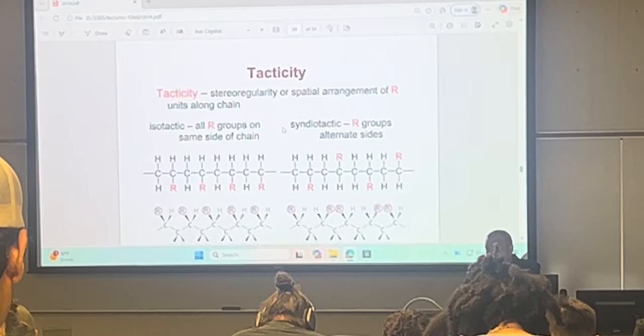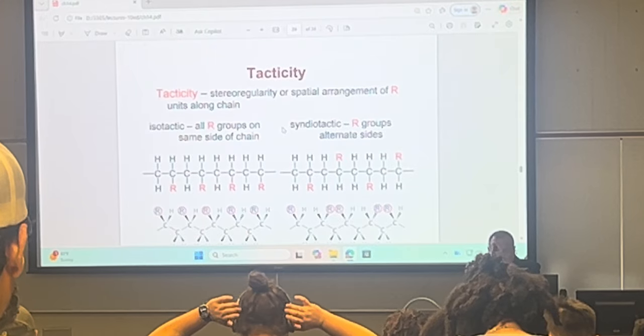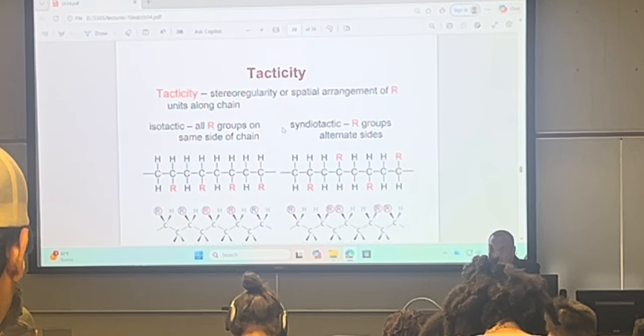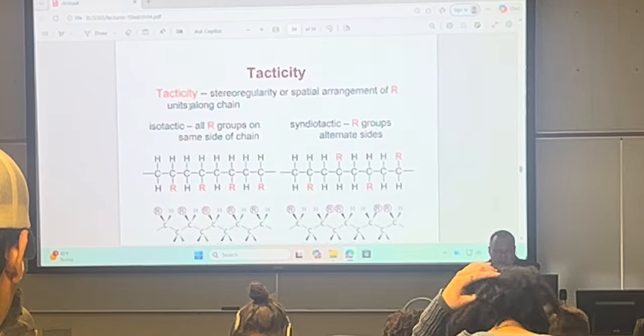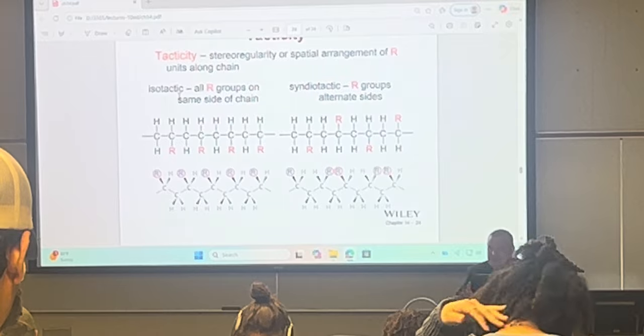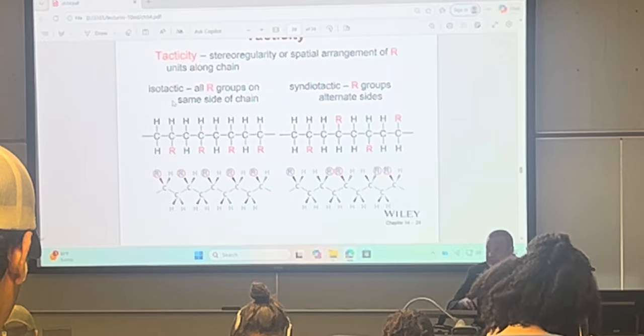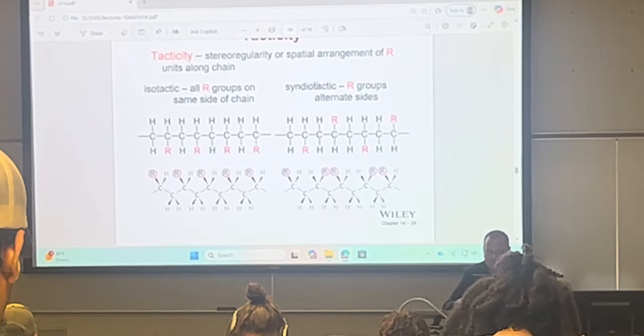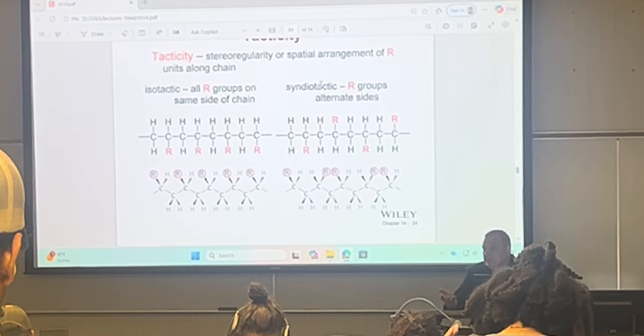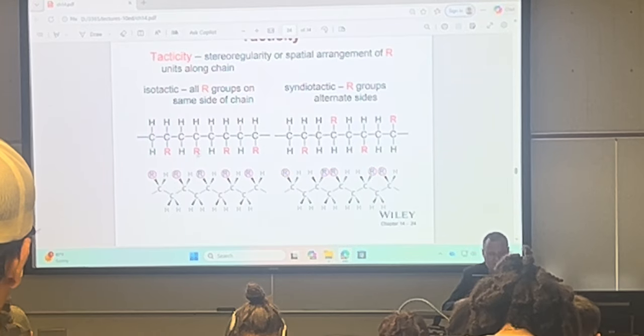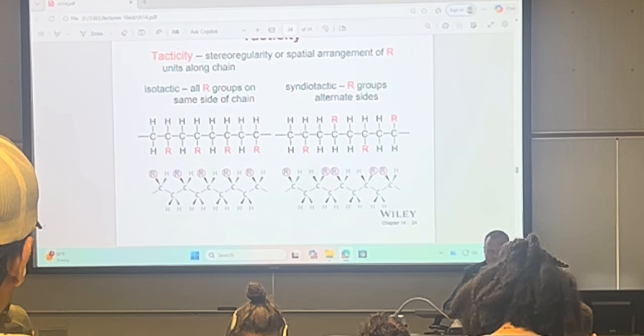Another property is called tacticity, which is stereoregularity or spatial arrangement of this free radical unit along the chain. There are two types, either isotactic or syndiotactic. Iso in Greek means the same, so this radical is on the same side of the chain, as you see here.